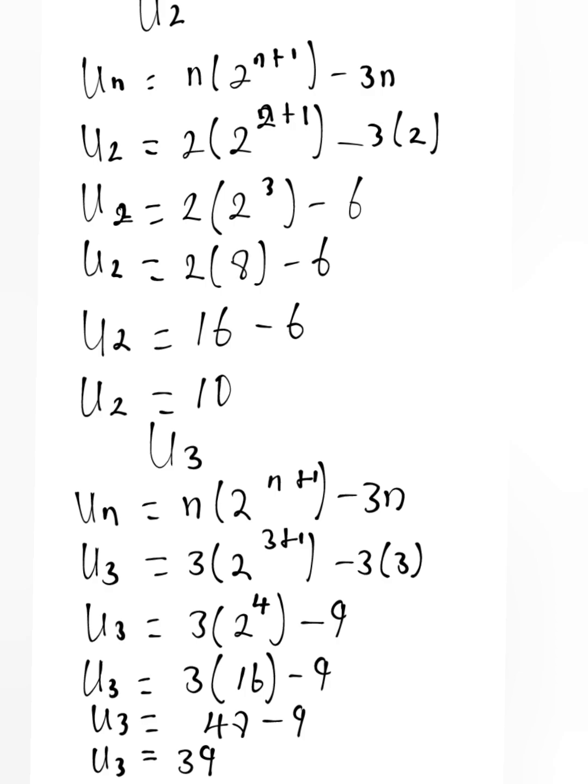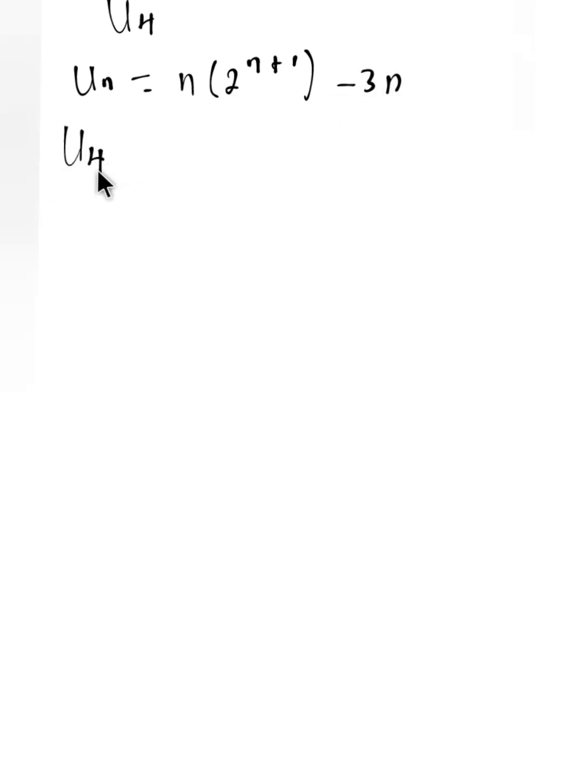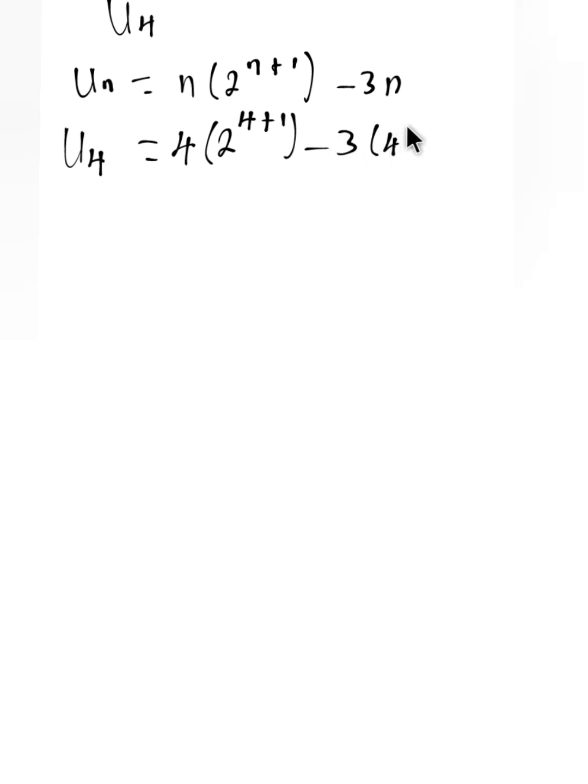So that's for u3. Let's move over to u4. Recall that un is equal to n times 2^(n+1) minus 3n. So u4, substituting 4 for n, becomes 4 times 2^(4+1) minus 3 times 4.